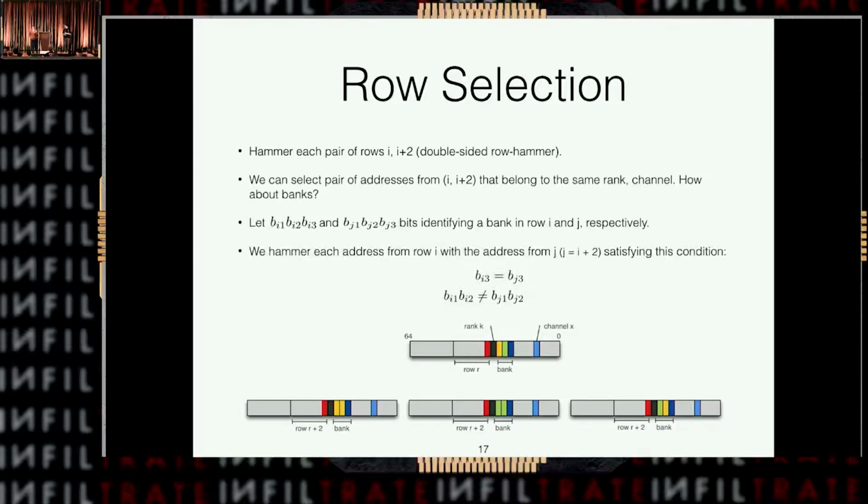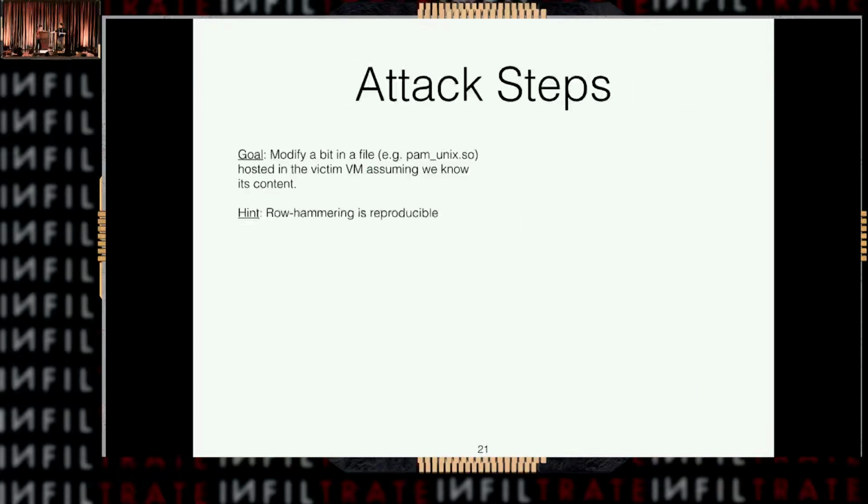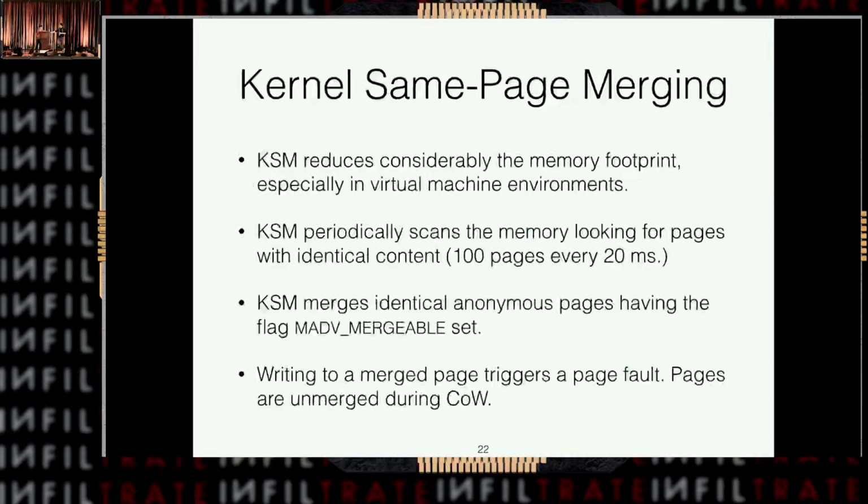Either the VM is not accessed a lot of the time, so you have a chance that PAM Unix is unloaded from memory because the host is quite heavily loaded. Or you have to use the technique, here's the solution, option 2.